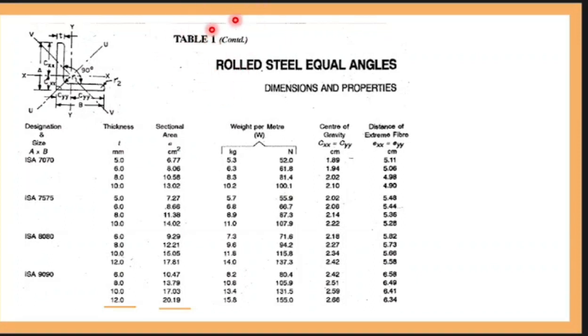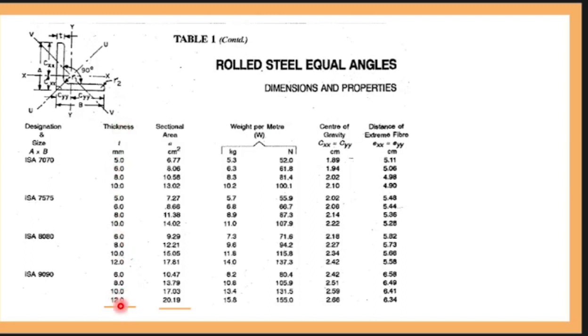In the steel table you have rolled steel equal angles. Why are they called equal angles? In the height as well as in the width you have the same dimension. So this is 90 and 90. What is the thickness? 12. This is the section you are assuming, so you have the member at this row: 90 into 90 into thickness 12.